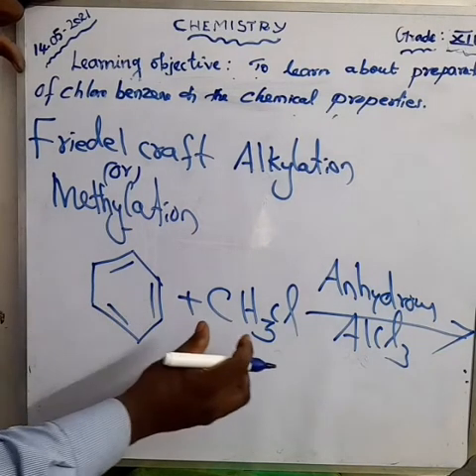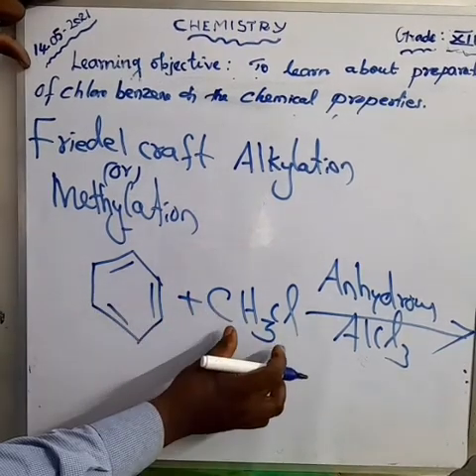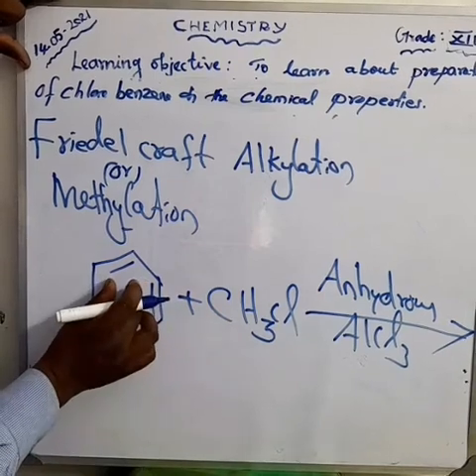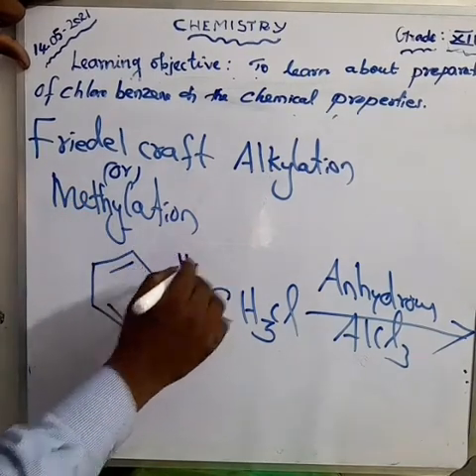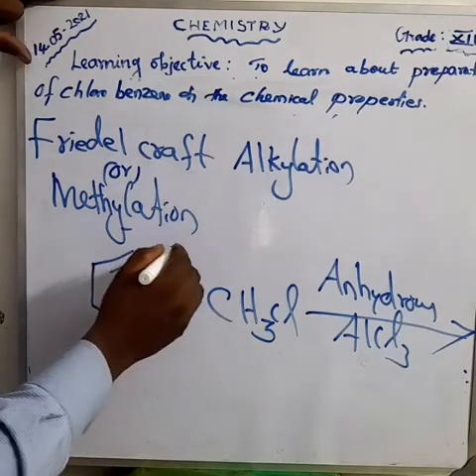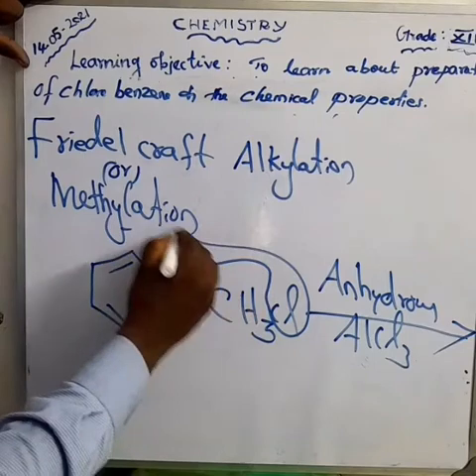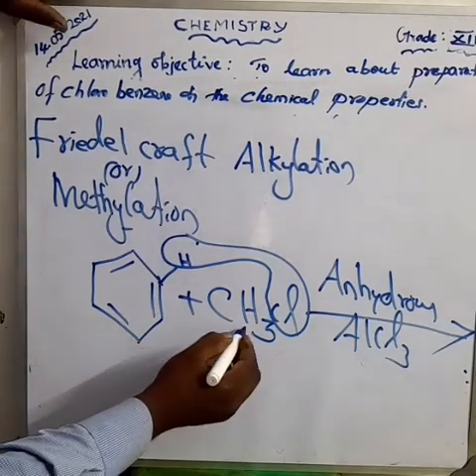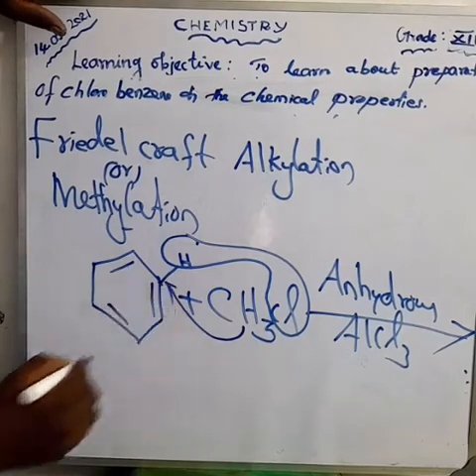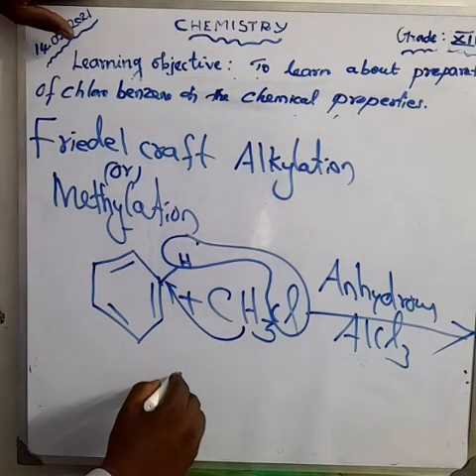When the methyl group is attached to the benzene, first one of the hydrogens must leave. Am I right? So this hydrogen plus Cl gives HCl. So the methyl is attached to the benzene ring. So what is our expected product?